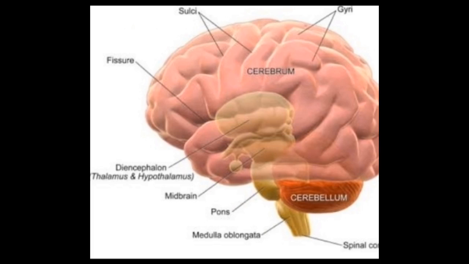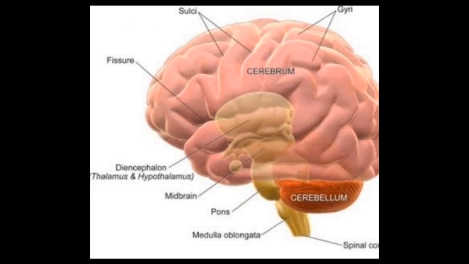And the depressions, the valley form, are known as sulcus, or sulci. The ridges and grooves increase the surface area for more nerve cells.